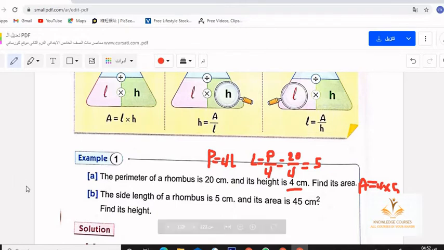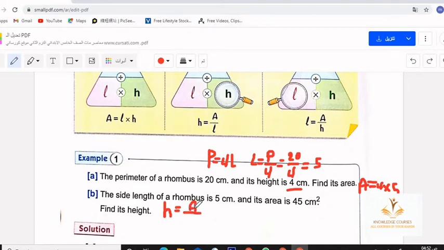B. The side length of the rhombus is 5 and the area is 45. Find its height. Height equals area divided by length.